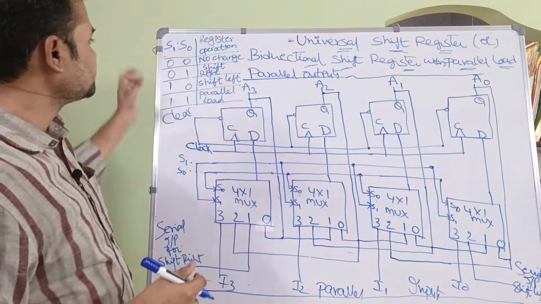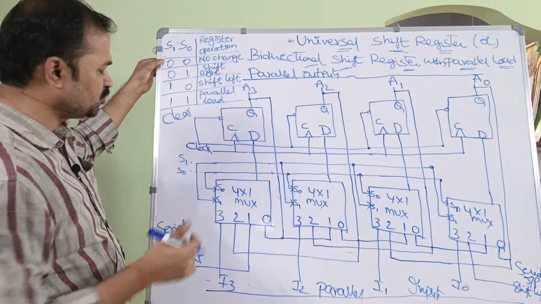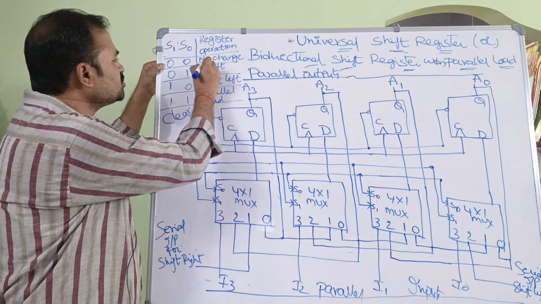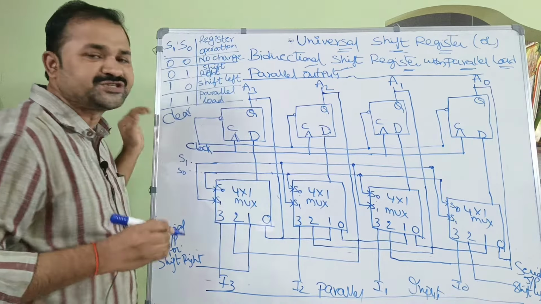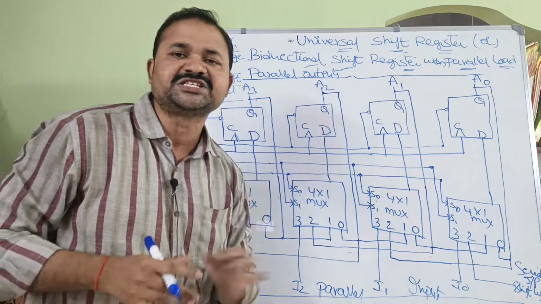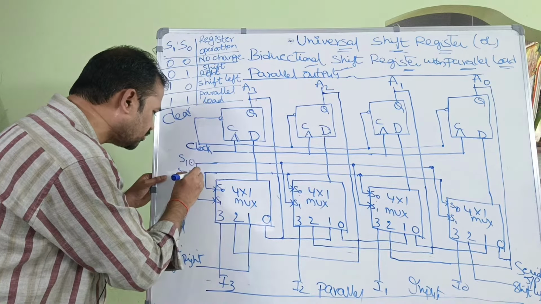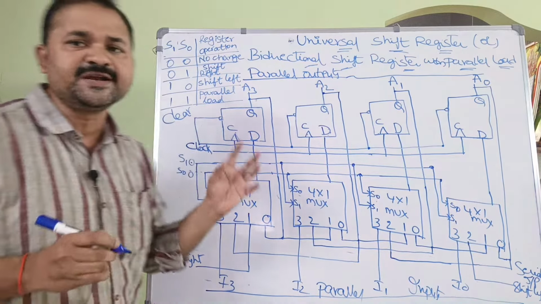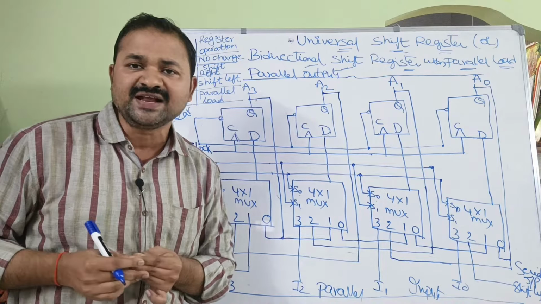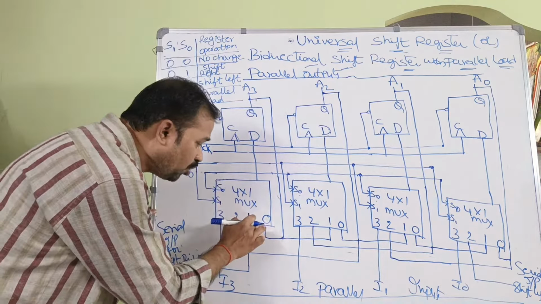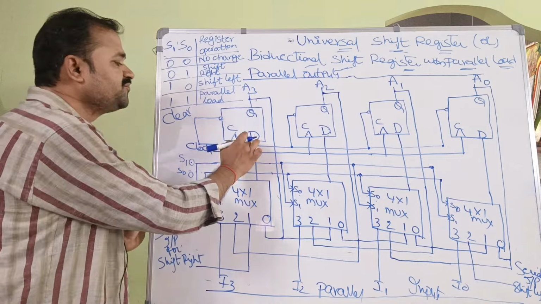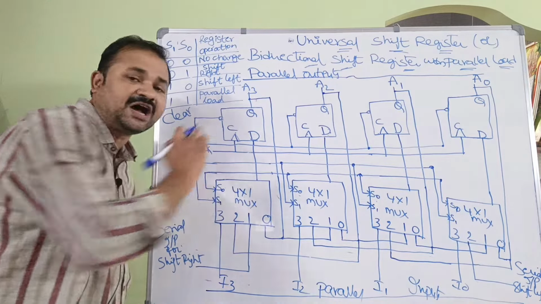So let's see the first combination, that is 0, 0. So what is 0, 0? 0, 0 means there is no change in the register output. Assume that the selection inputs are 0 0. If the selection inputs are 0 0, then what will happen? This 0 data input line will be selected as the output.